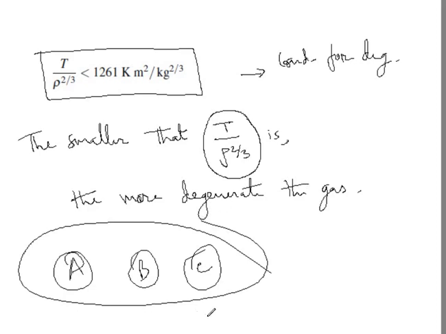So we have discussed degeneracy in terms of the overlap of wave functions. We estimated the value of the de Broglie wavelength and compared it with the interatomic distance. Later on, we arrived at a more descriptive discussion on how to consider the degree of degeneracy of a gas.